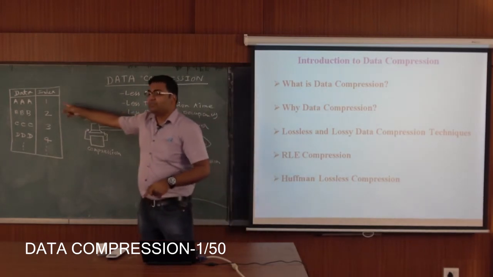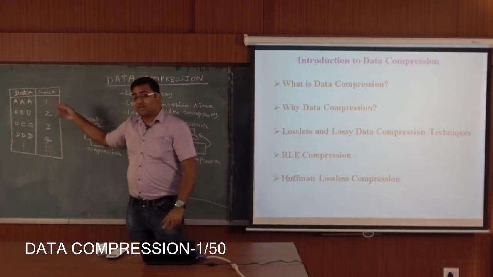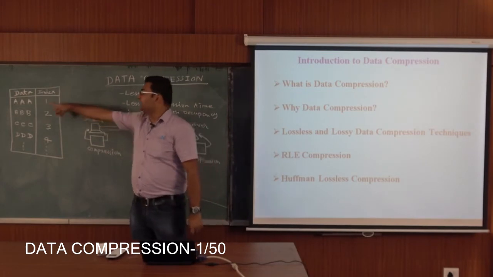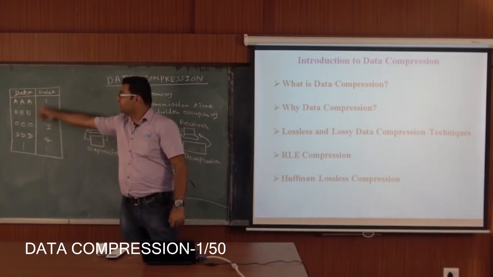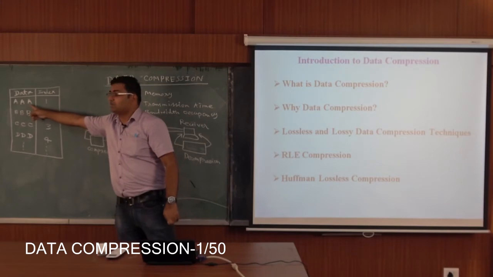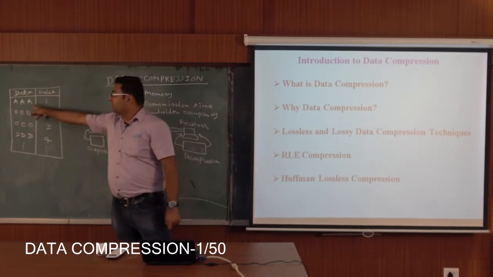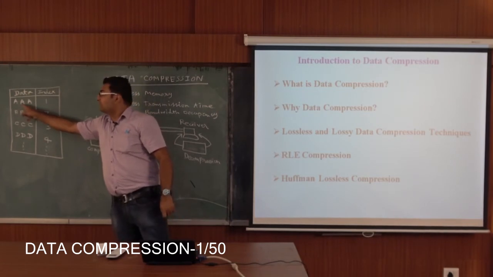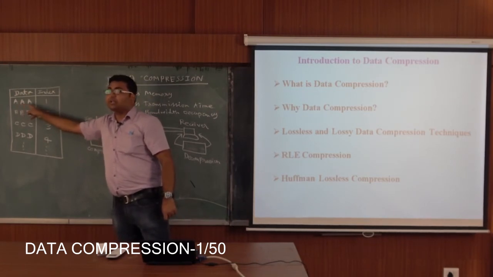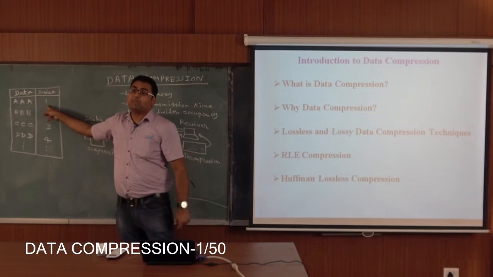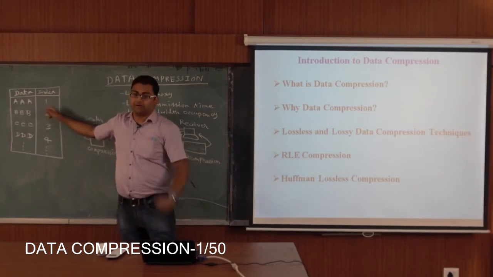So this is a very basic example where we try to reduce the redundancy of the data, like the redundancy of character A, redundancy of character B, and so on. Instead, we represent the characters with the help of a single digit, a single number.